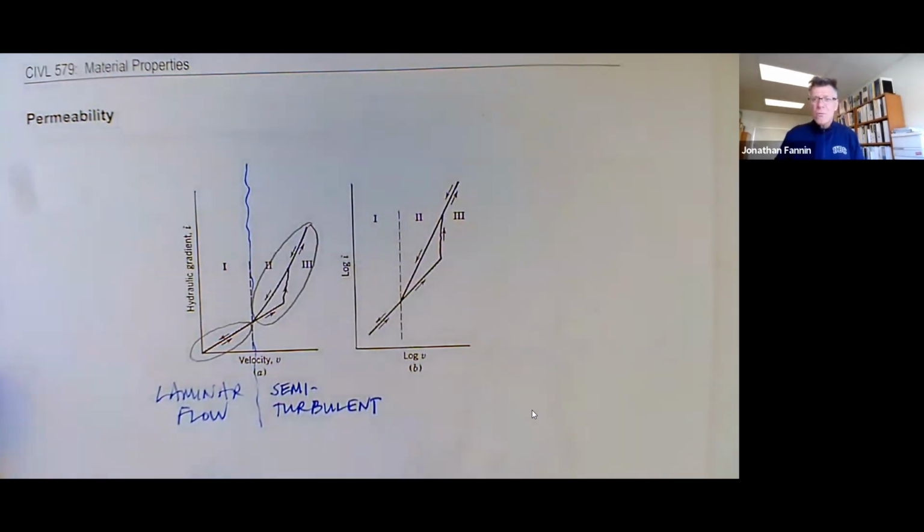And that becomes important when you start to interpret advanced test data, for example, such as we're doing with some of our dam engineering work. Laminar flow, V is proportional to I. Semi-turbulent flow, V is not linearly proportional to I. Okay, and that's from Taylor, 1948.